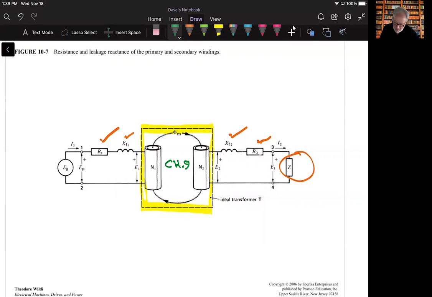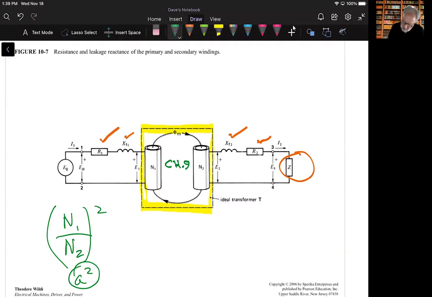For example, we talked about shifting impedances to the primary side, where we multiply their values by this N1 over N2 squared term, or A squared, it was the other way that we looked at that.